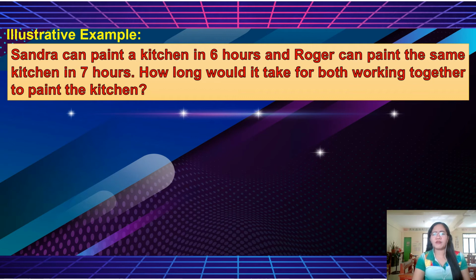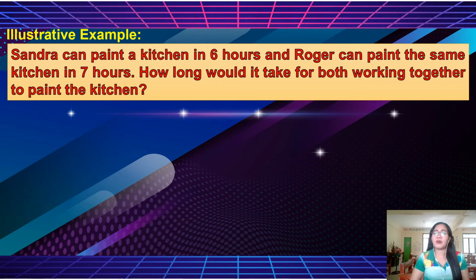How long would it take for both working together to paint the kitchen? So now, Sandra can paint the same kitchen. If Sandra paints, she can do it in 6 hours. But if Sir Roger paints that kitchen, it takes him 7 hours. Now, the question is, what if they work together? How many hours would it take them to finish painting the kitchen?